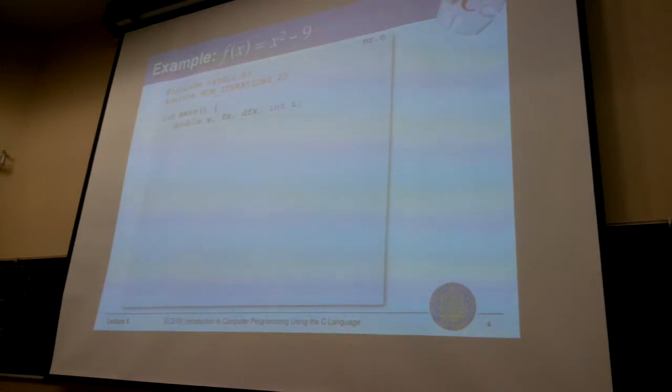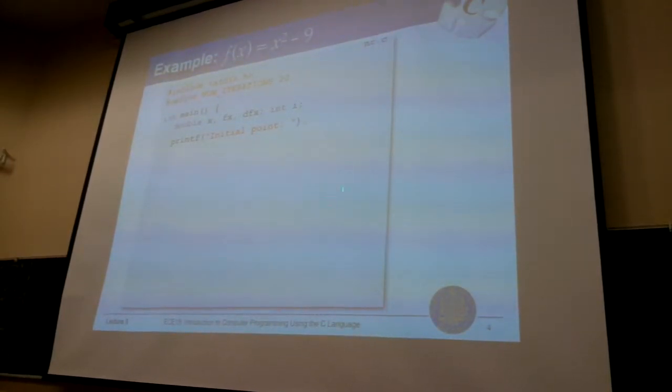Going into our program, we declare a set of variables: x, f of x, the derivative of f evaluated at x, and a bookkeeping variable i. We ask the user for an initial point. Remember with Newton-Raphson, you have to start with an initial guess for your loop. We take that in from the user.